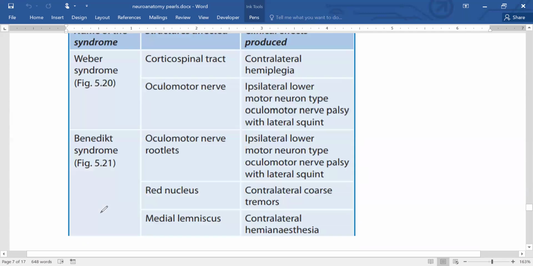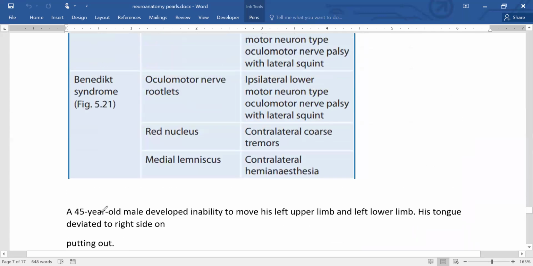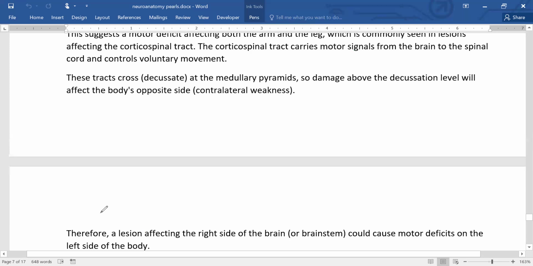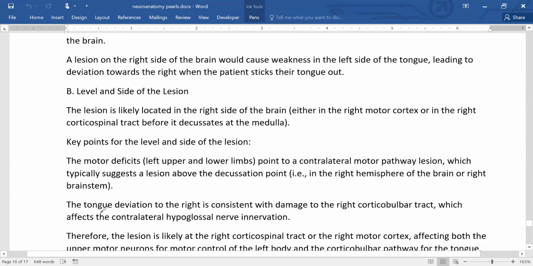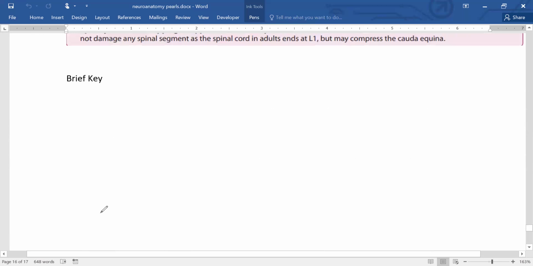Then you have to tell me the difference between these two terms, unconscious proprioception and conscious proprioception.